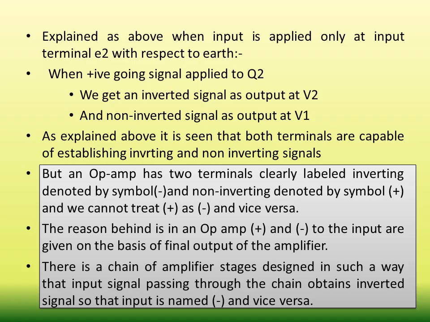The reason is that in an op-amp, plus and minus for the inputs are given on the basis of the final output of the amplifier. There is a chain of amplifier stages designed in such a way that an input signal passing through the chain obtains an inverted signal, so that input is named minus and vice versa. So in a differential amplifier, both inputs can act as inverting and non-inverting, but in an op-amp, the inverting and non-inverting inputs cannot be changed.